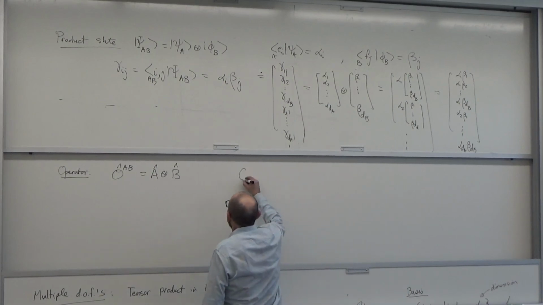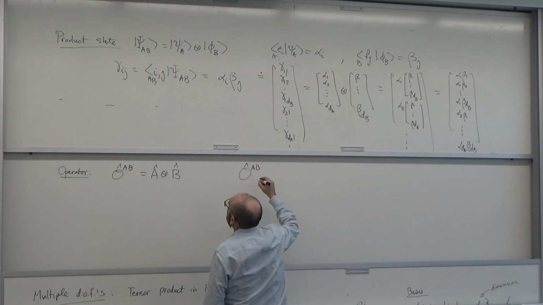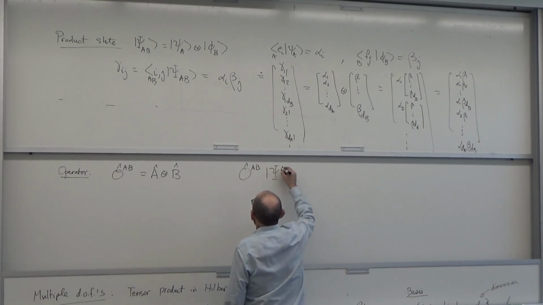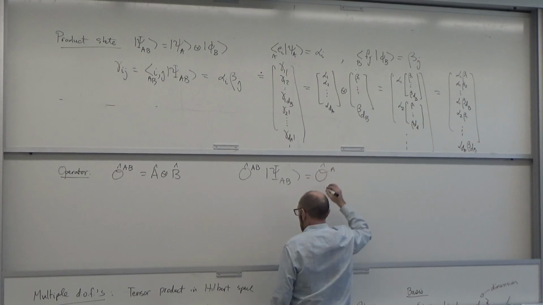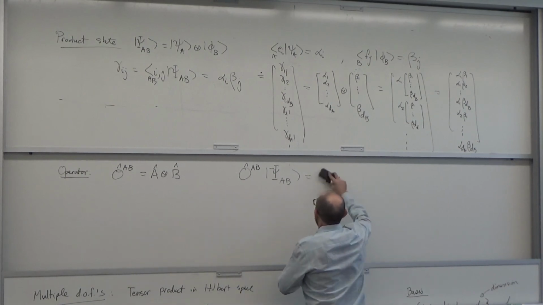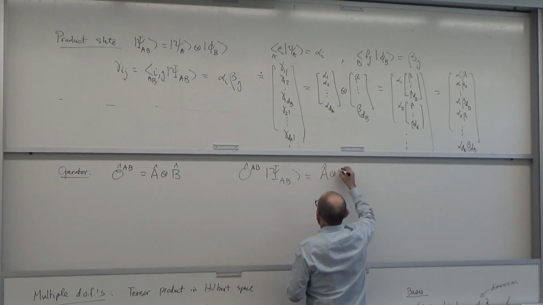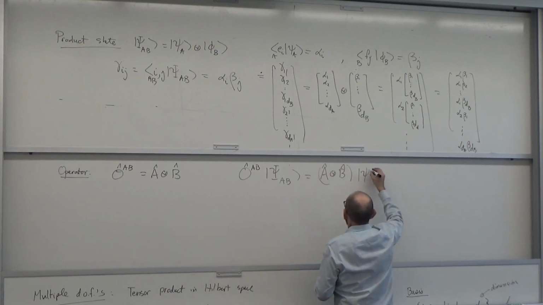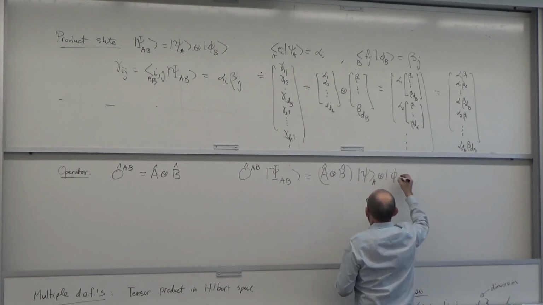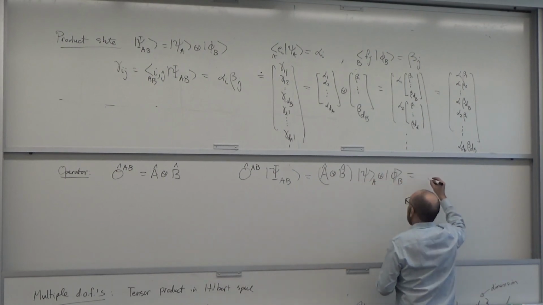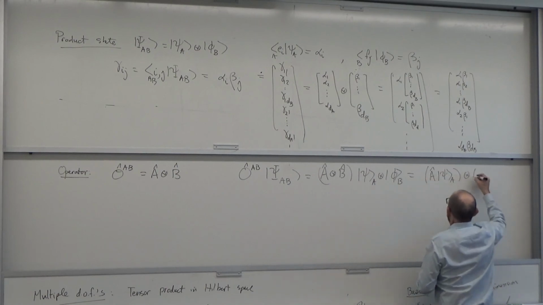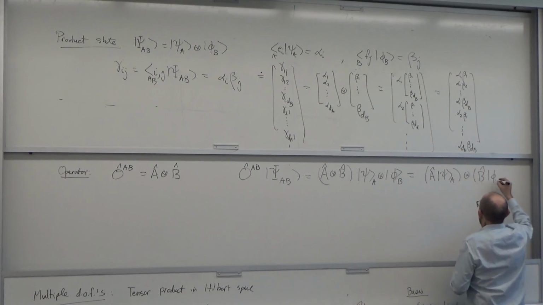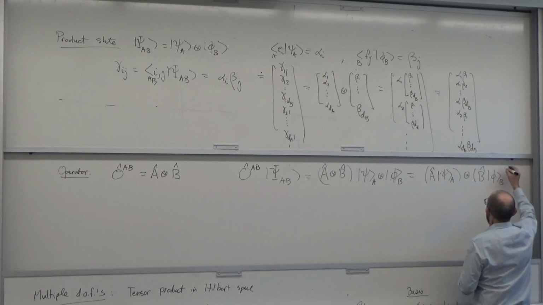And by definition, if I act this tensor product operator on some state, and if that state itself is a tensor product state, then I obtain that by acting A on the first state and tensor producting that with B on the state phi in Hilbert space B.